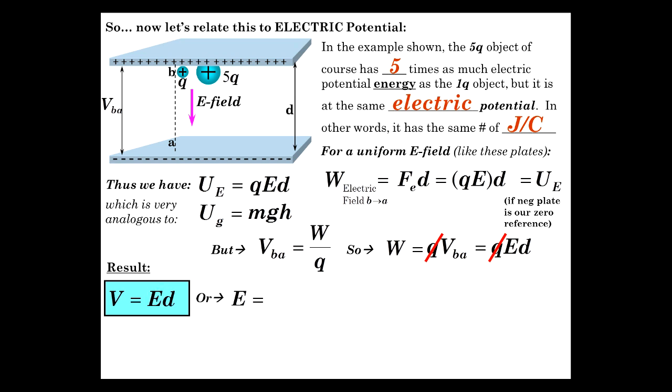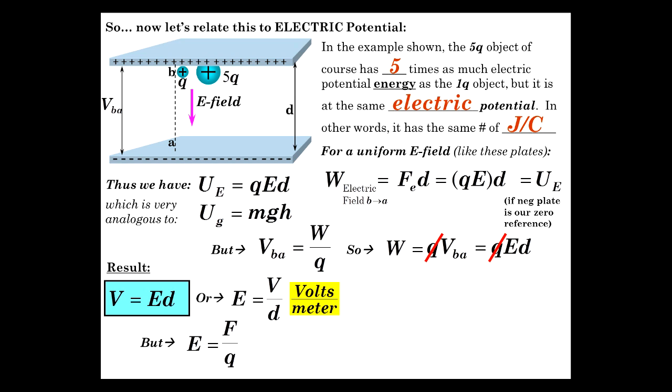Or we can say that E, the electric field, can be defined in terms of electric potential and distance as V over D, which is volts per meter. So the unit for electric field we see here is volts per meter. But didn't we learn some time ago that the basic fundamental definition of electric field is in fact force per charge?